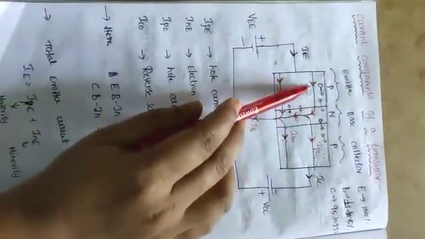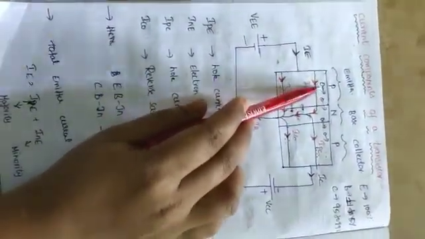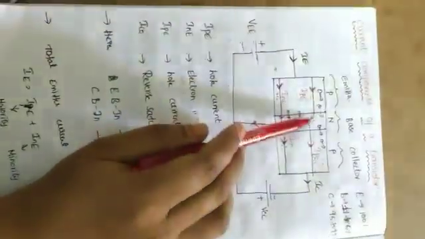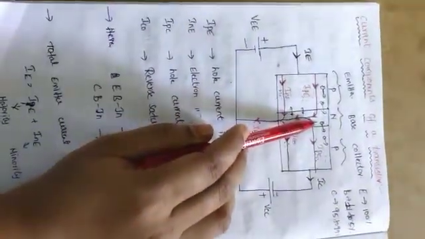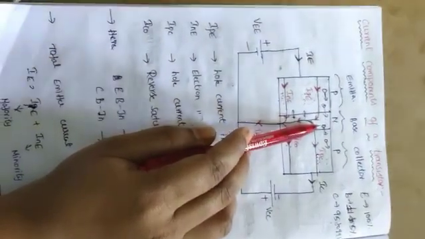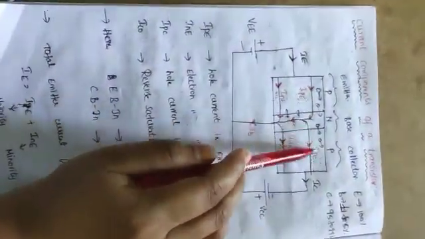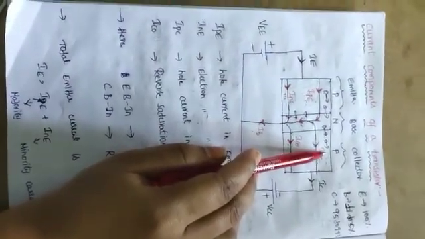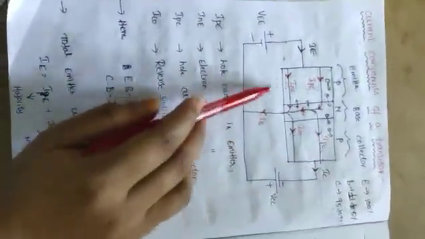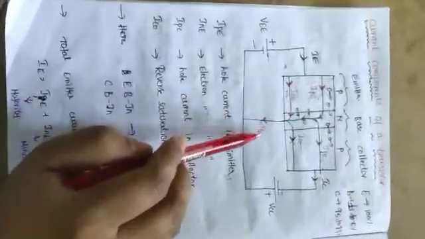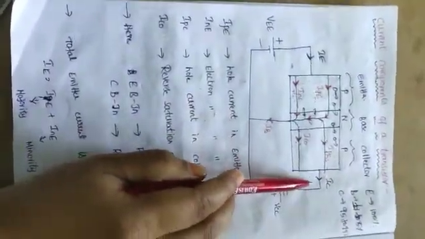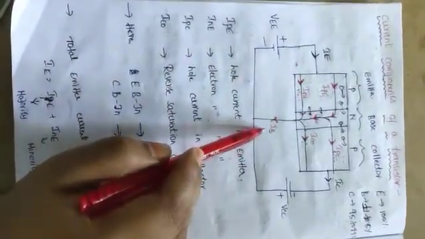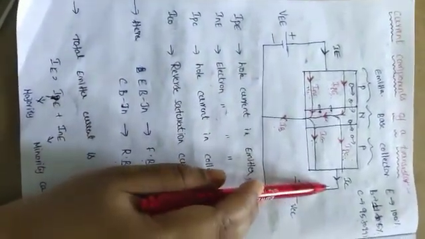So the emitter has more majority charge carriers, and the base has very few. The main currents are IE, IB and IC: IE is the emitter current, IB is the base current and IC is the collector current.